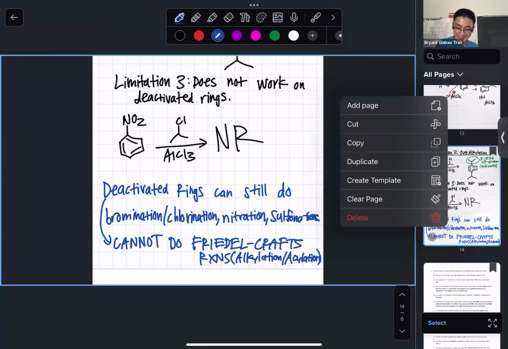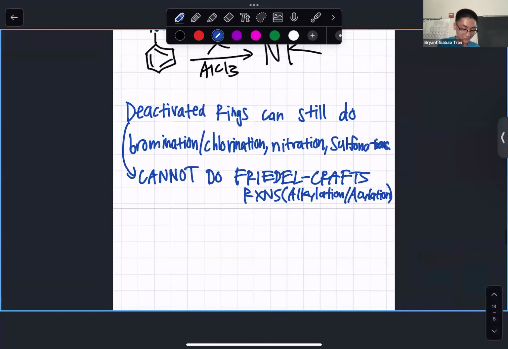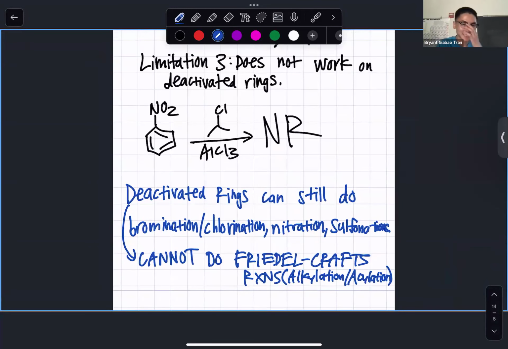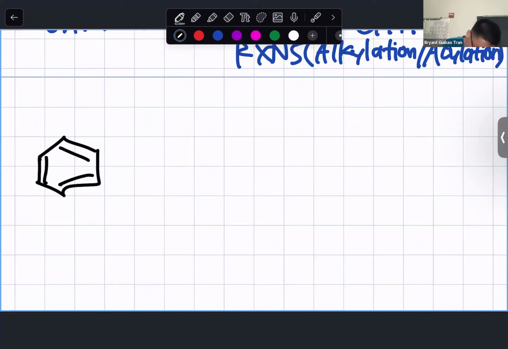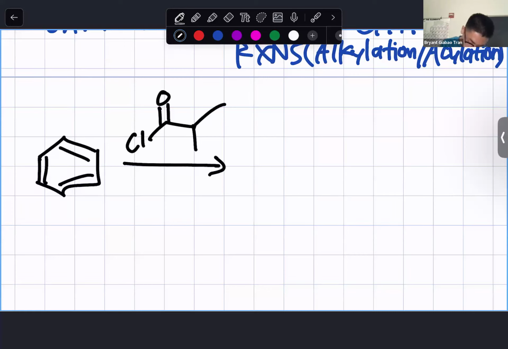Now let's move on to the last EAS reaction, Friedel-Crafts acylation. So let's say we have this benzene ring here, and we have this R group with that carbonyl, AlCl3.